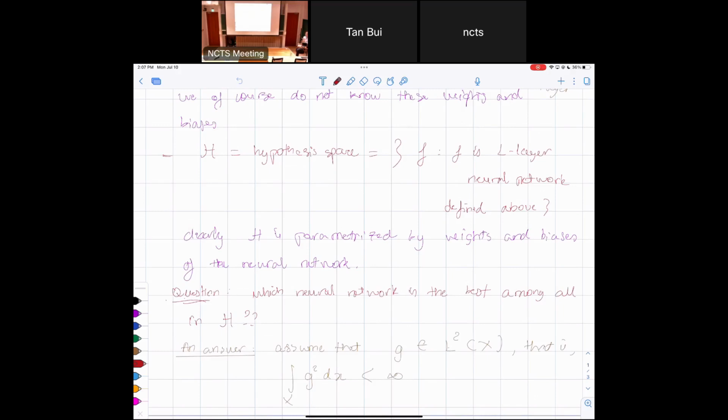Hopefully the math students here took some physics, at least in high school. Think about g squared as v squared, where v is velocity, and think about the integral as a sum. So you're thinking about this as the sum over all the velocities of each particle in your system. That's the kinetic energy. So that's one way to think about L2.